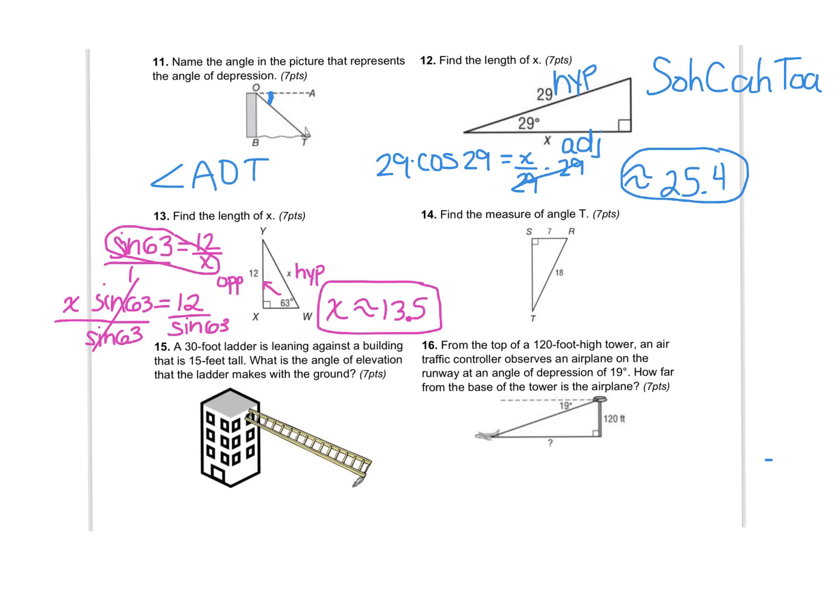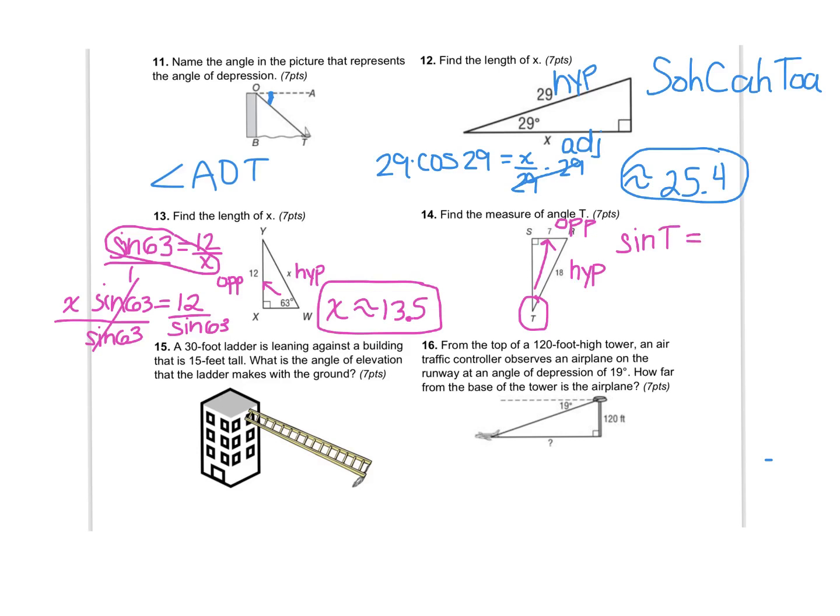Number 14 says, find the measure of angle T. So here's angle T, and we're given the side that is opposite, and we are given the hypotenuse. Anytime that you're asked to find the measure of an angle, you're going to be using the inverse trig function.